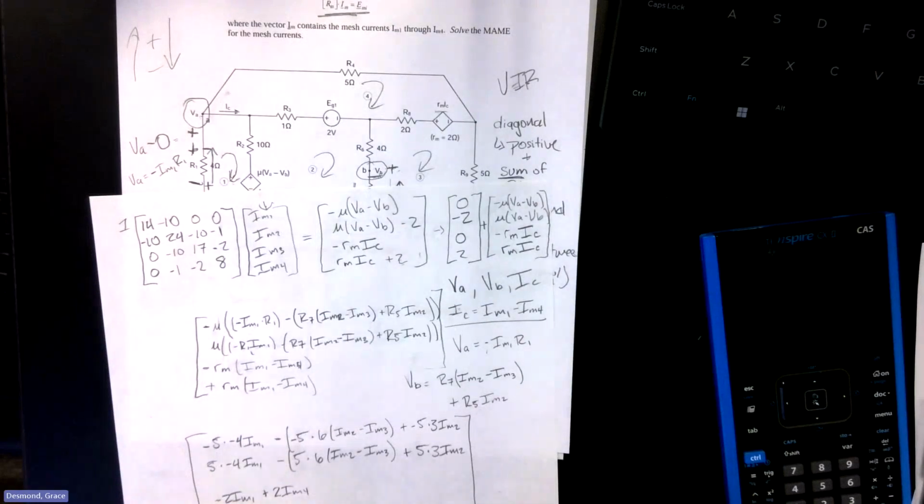What's the next step? Okay. So you make a new matrix. One is like a column vector that's like IM1 through 4, and the rest is only coefficients.